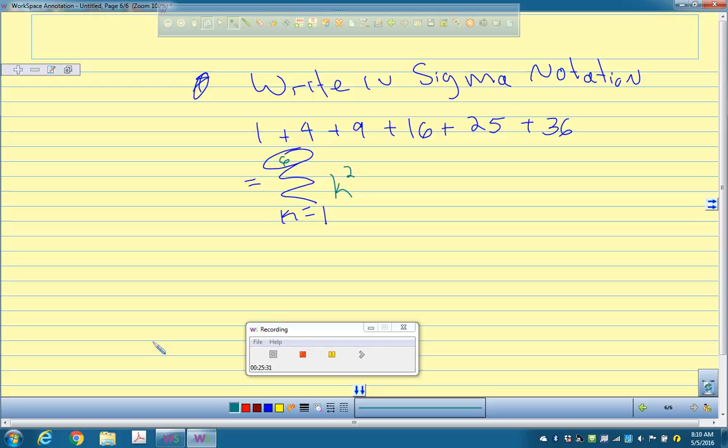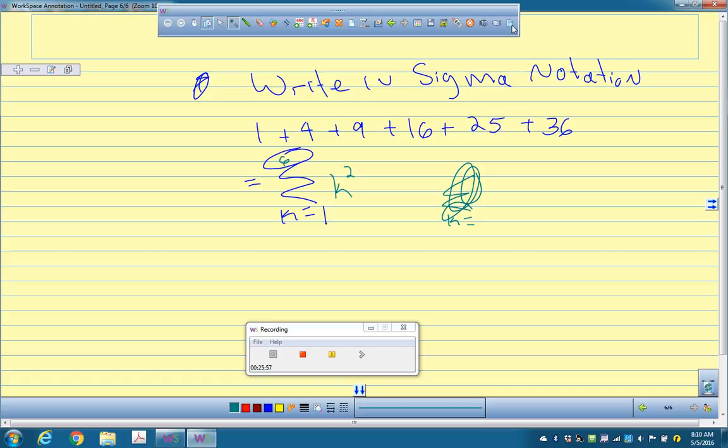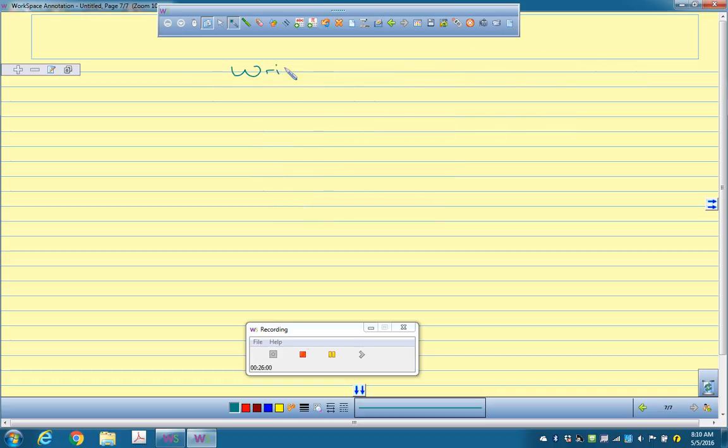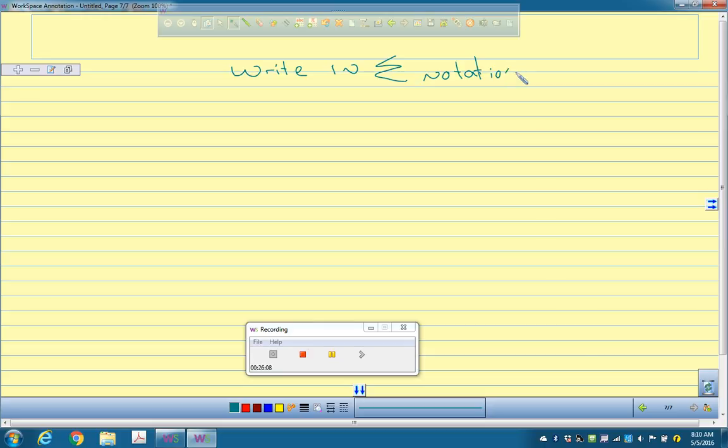Let's do one more, okay? And then you guys could have some time to try to do this. Write in sigma notation 2/3 plus 3/4 plus 4/5 plus 5/6.